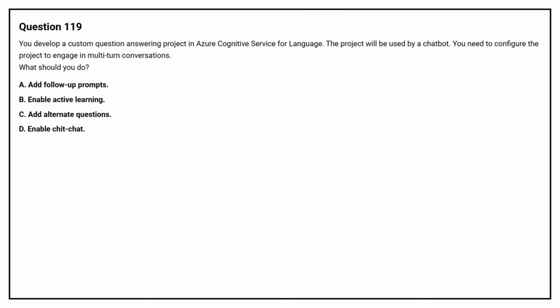Option A, add follow-up prompts. Option B, enable active learning. Option C, add alternate questions. Option D, enable chit-chat. The correct answer is option A, add follow-up prompts.